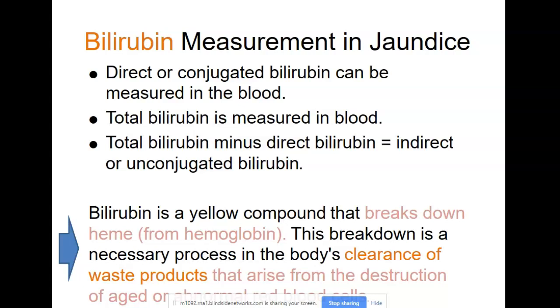This is really important when you're getting rid of waste products that arise from dead and defunct red blood cells. You have to clear them in such a way that the body isn't going to have any toxic substances. The heme gets recycled and reused, and the rest of the waste products essentially go out into your stool.